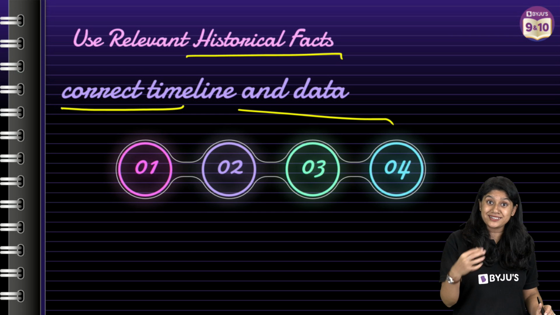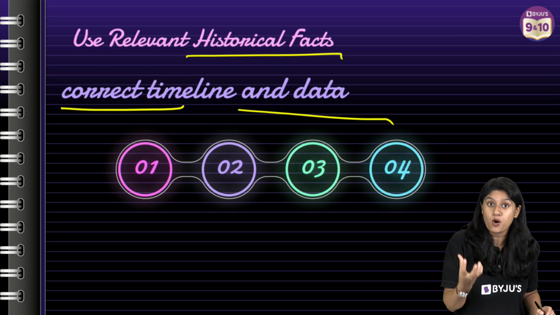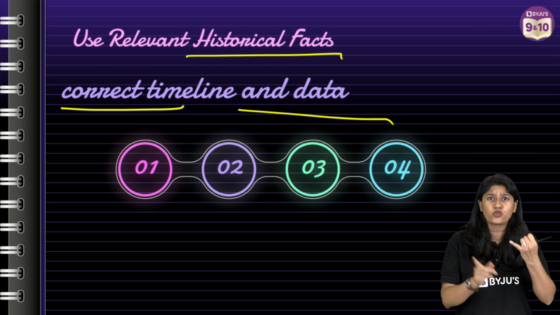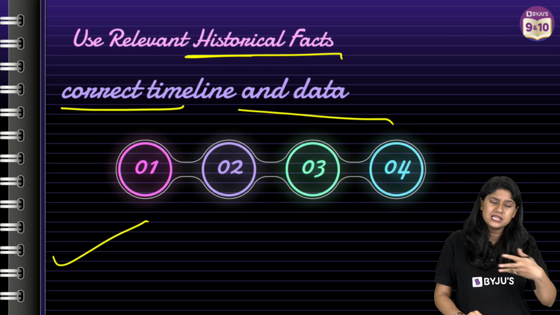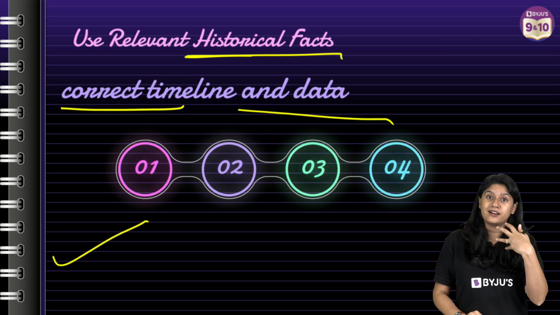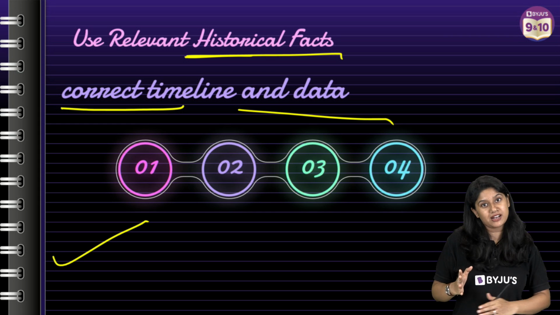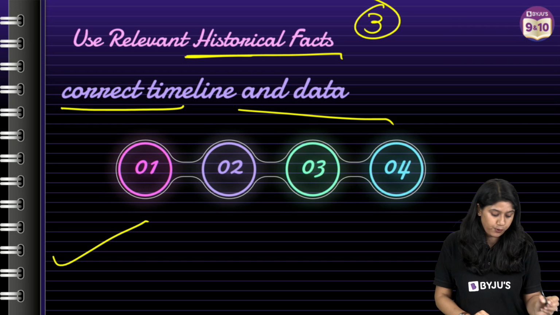So whenever we are writing the answer in SST, please make sure to use these data points in any or all of these subjects, be it history, geography, economics, or pol science. These facts, this data, this timeline actually help the examiner to understand that you have clarity about the information that you're writing. So this becomes really very important.